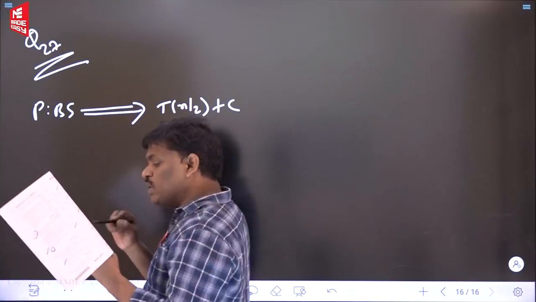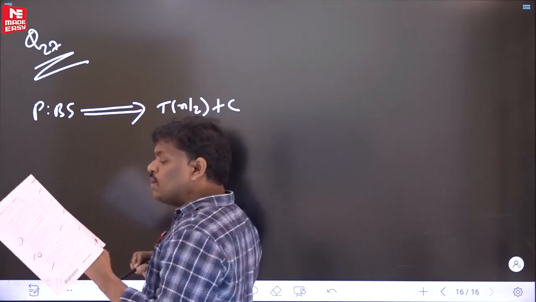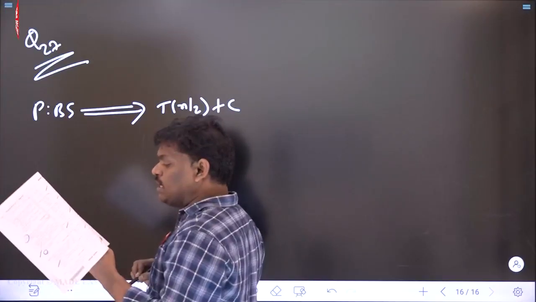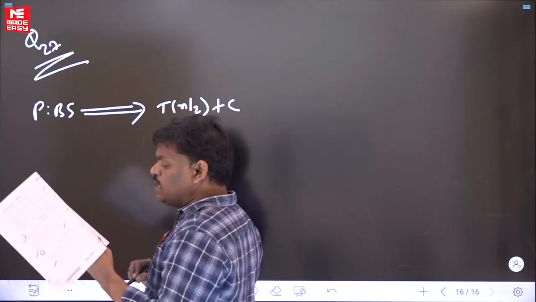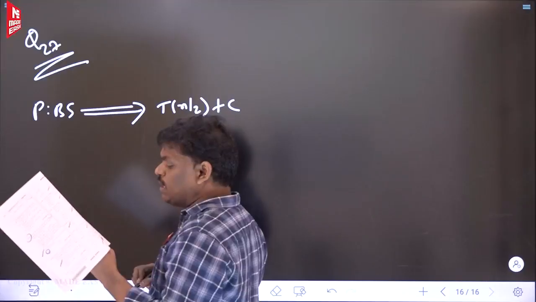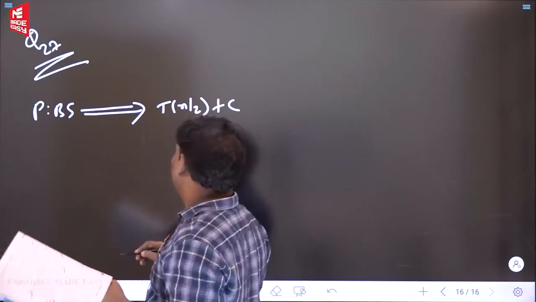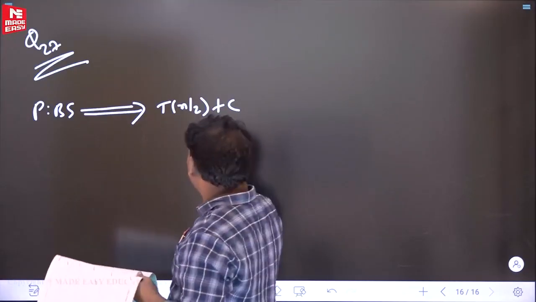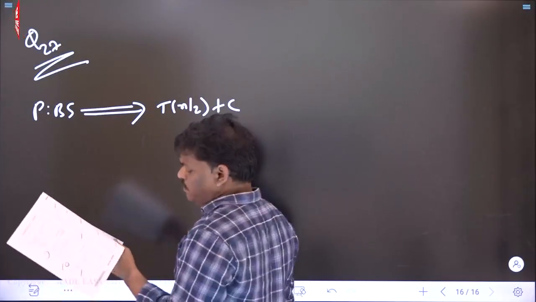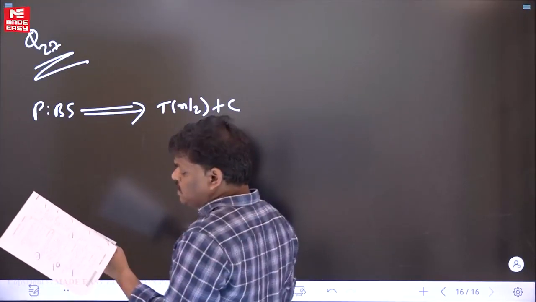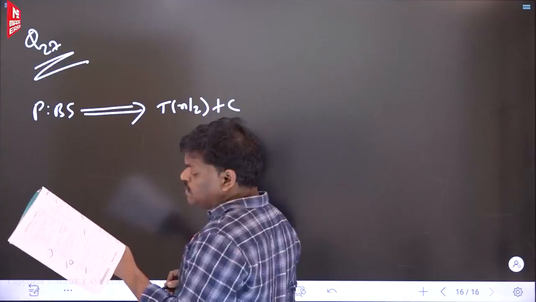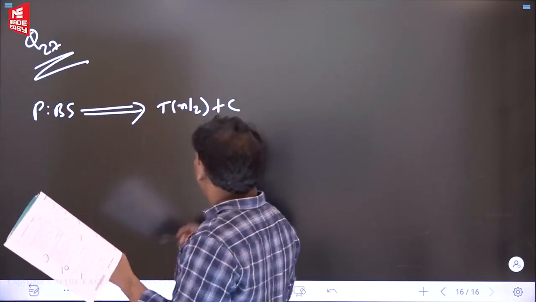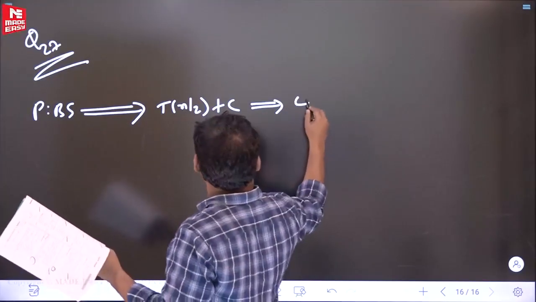Consider a list of recursive algorithms and a list of recurrence relations as shown. Each recurrence relation corresponds to exactly one algorithm. Binary search recurrence relation, only one side you will go, T(n/2) plus C. Is there any option like this one, T(n/2) plus C? I think P is going to be 4.